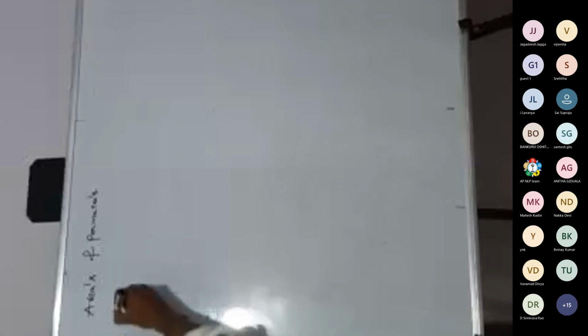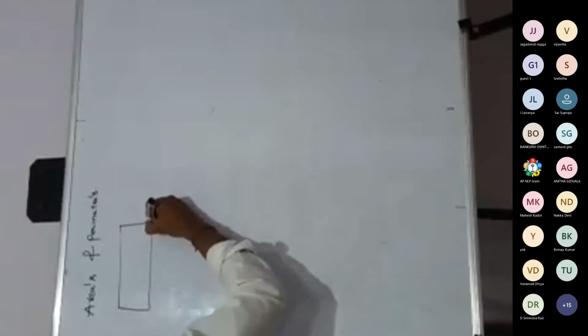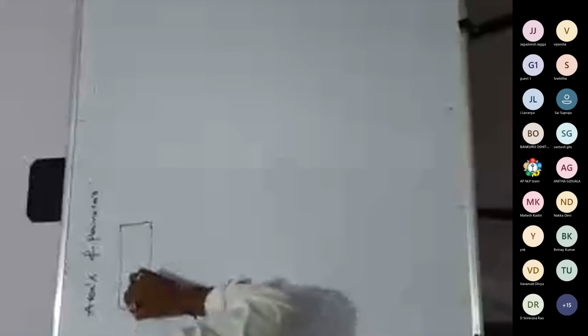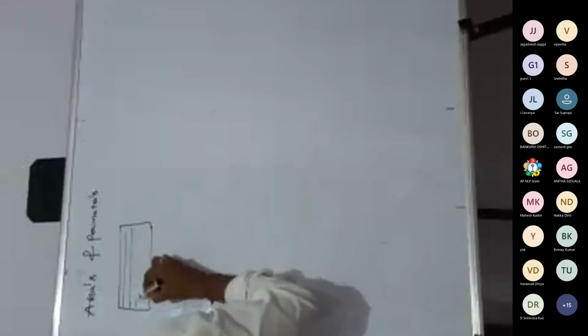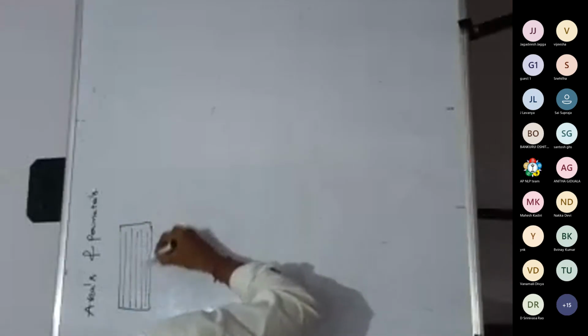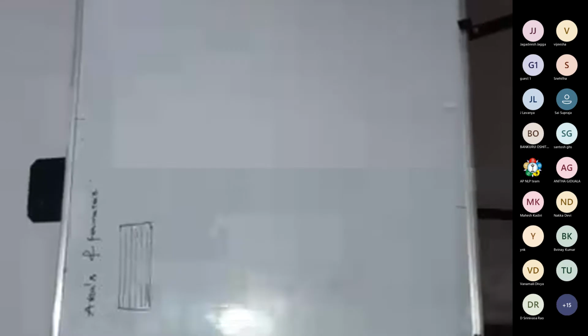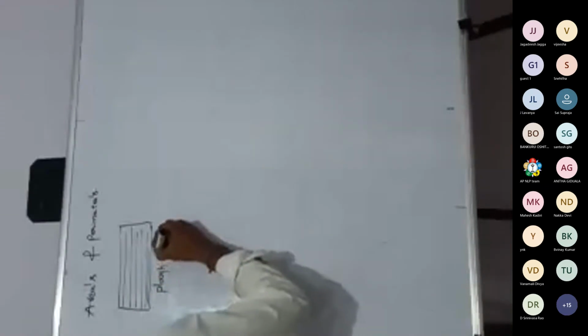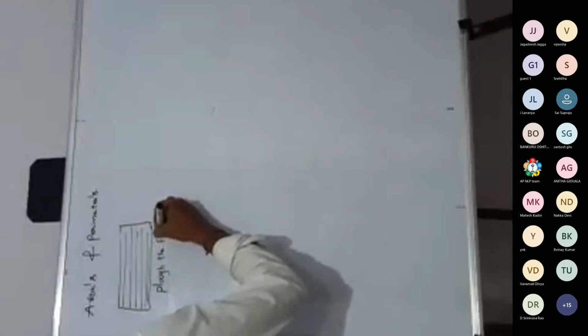For example, if you take a rectangular field, if I plough the field, ఈ పొలాన్నంతటిని దున్నాను అనుకుంటే పొలానికి చదును చేయడం. That is nothing but ploughing the field. Ploughing the field is nothing but area.